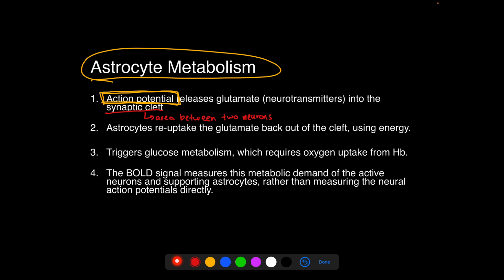So the process starts when the action potential releases glutamate, which is the neurotransmitter, into the synaptic cleft. The astrocytes, which are cells beside the synaptic cleft, they reuptake the glutamate back out of the cleft for recycling afterwards. And this reuptake requires energy. Using this energy, it triggers glucose metabolism, which is where the energy comes from. And glucose metabolism requires oxygen uptake from hemoglobin.